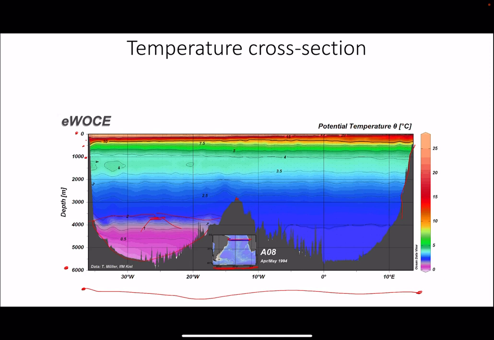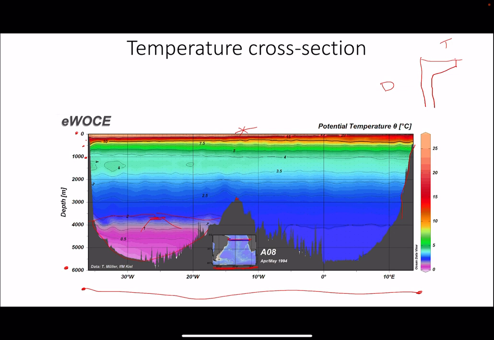So imagine if you were asked to draw a profile for a given place, like we saw on the previous slide, with depth as a function of temperature. It would look something like this: really warm, and then it rapidly gets really cold and then goes down and is cold all the way, right?